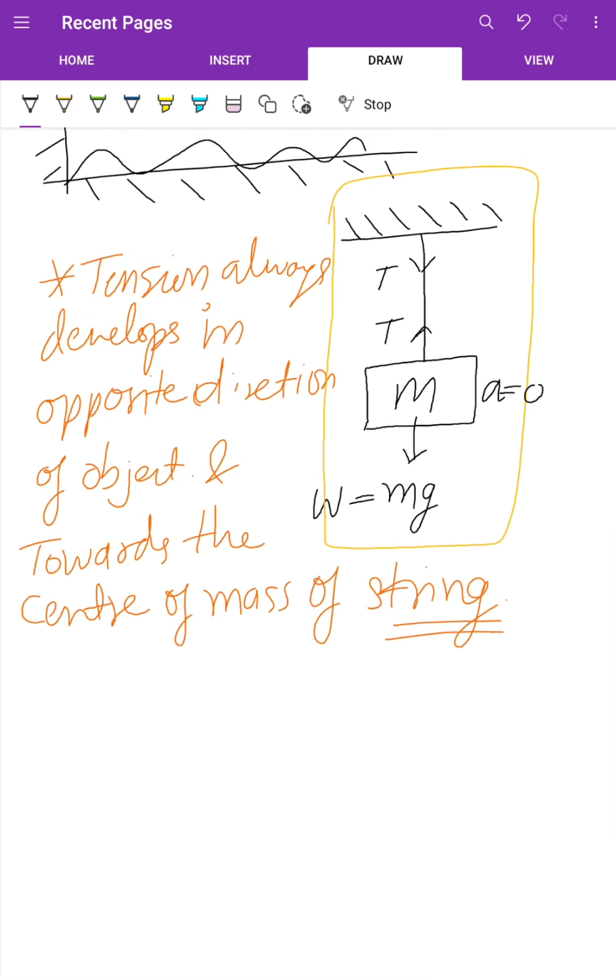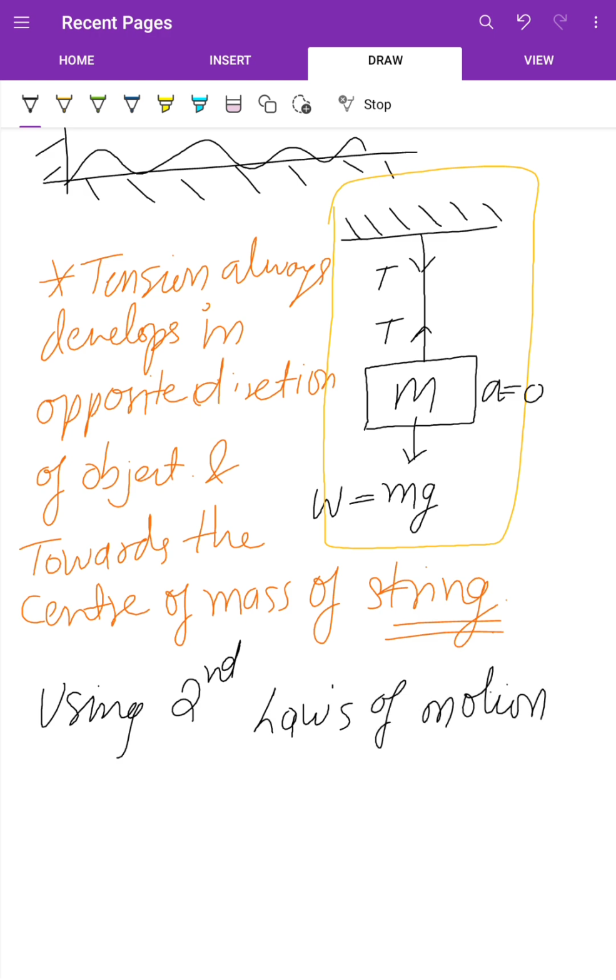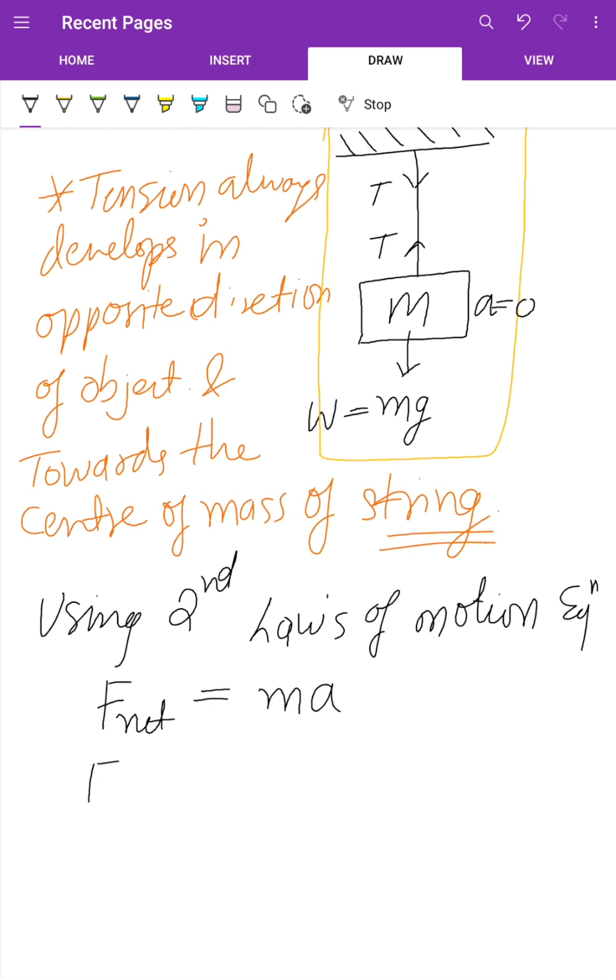So we can use Newton's second law of motion equation. F net at mass m is equal to mass into acceleration. So here T minus mg is equal to m into 0, which implies that T is equal to mg.